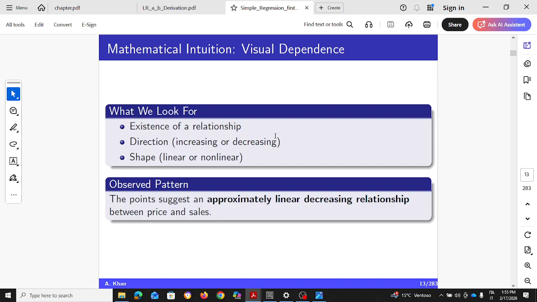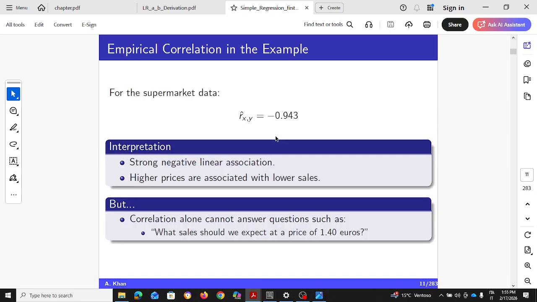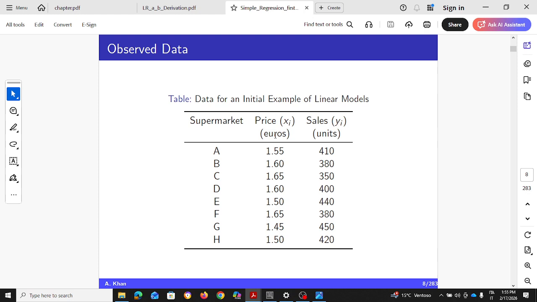So similarly, in the pattern of our data set from the supermarkets, before doing any kind of models or mathematics, if we closely look at our data, what do you see? Is there a positive relation? Is there a negative relation? Any guess? Yes, we have a negative relation, because as the price moves up, the number of sales decreases.